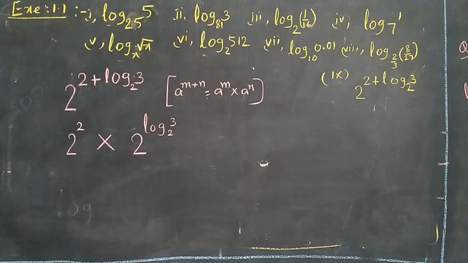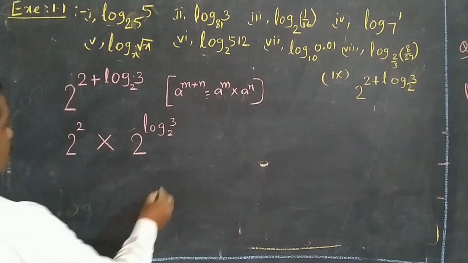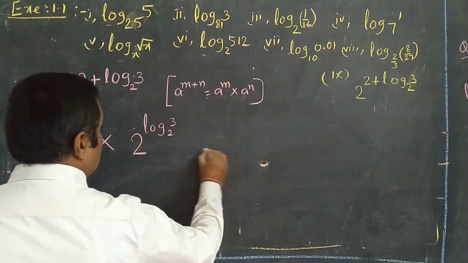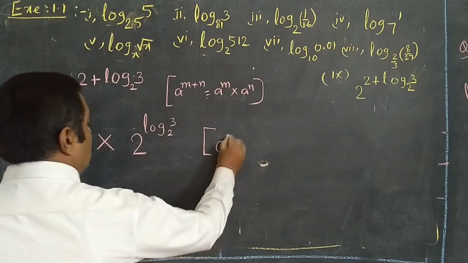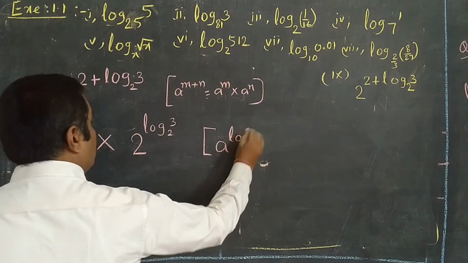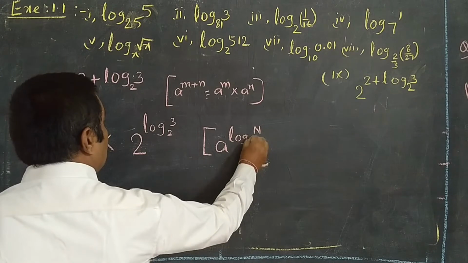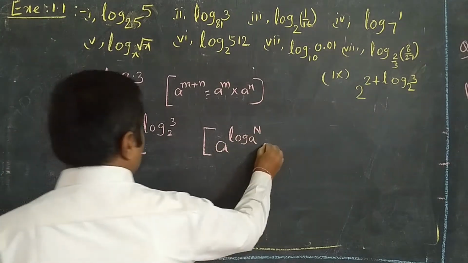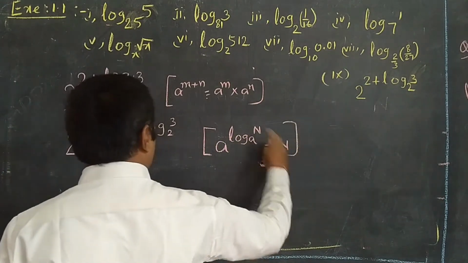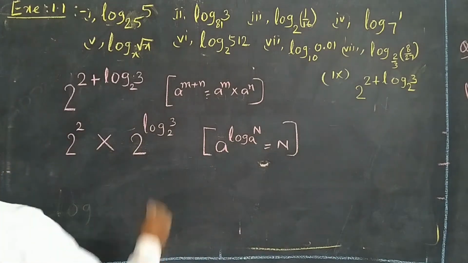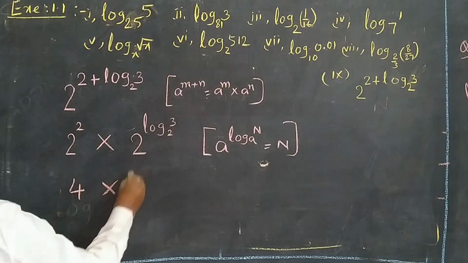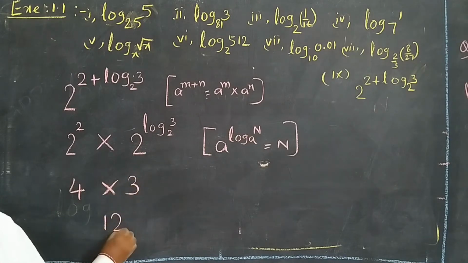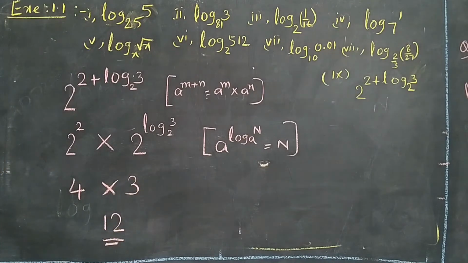Already we have the formula: a power log n base a is equal to n, you have to write only n. In the same way, 2 square means 4, and this we have to write 3. And 4 into 3, 12, is your answer.